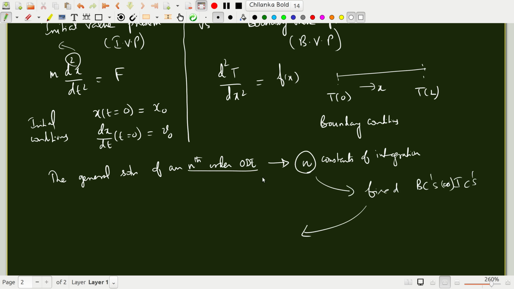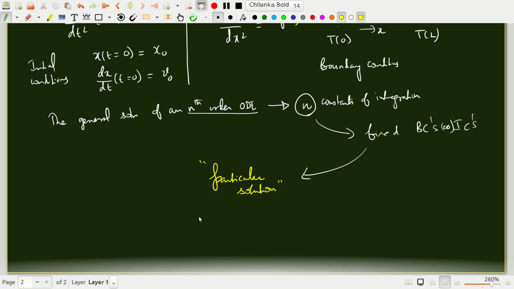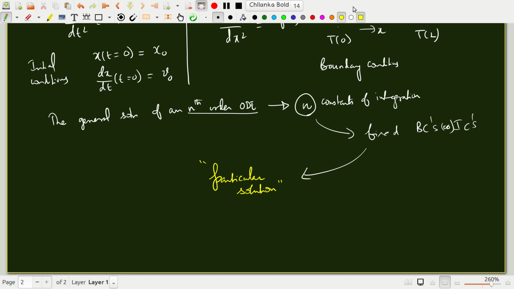Once these are fixed, the solution that one obtains is called the particular solution.